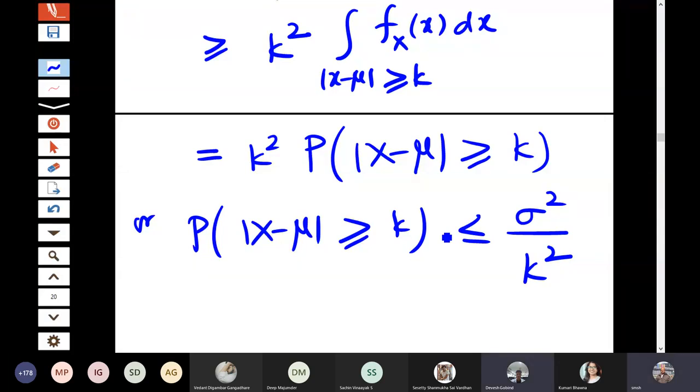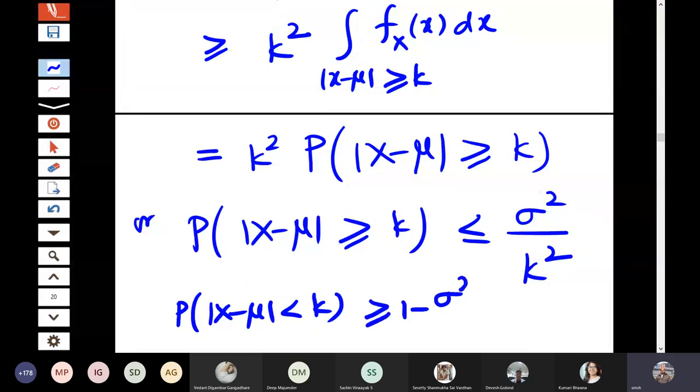Yes, sir. So you can actually now write down various other statements from here. For example, if I take 1 minus on both the sides, then this will become probability mod x minus mu less than k greater than or equal to 1 minus sigma square by k square. Another form is written like this.